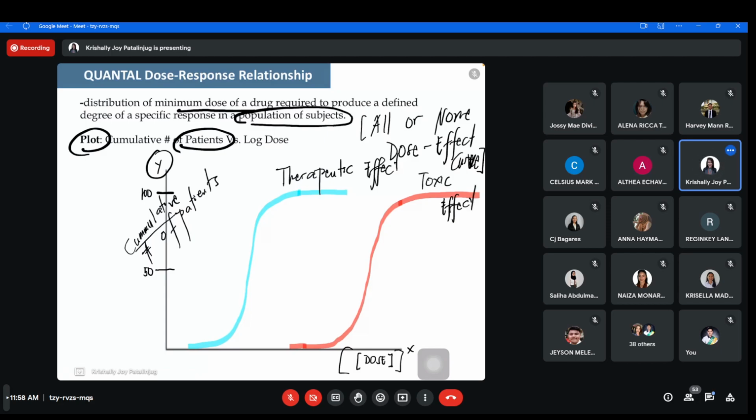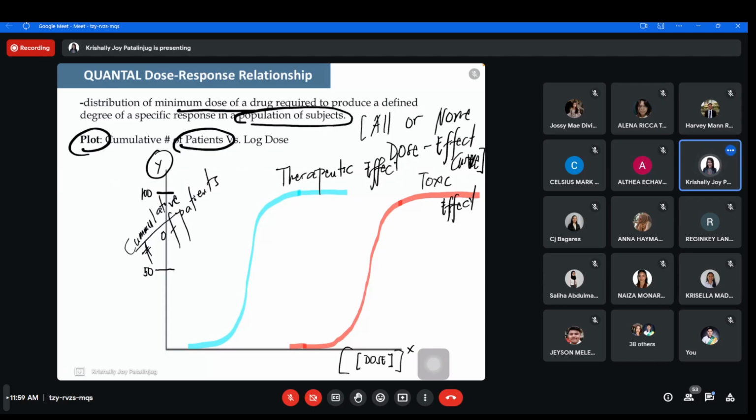Okay? So again, pwedeng a therapeutic effect or, upon increasing the dose, it could bring about adverse effects sa general population. Okay? Now, before we make use of the application of quantal dose response relationship, let's talk about the parameters involved in a quantal dose response relationship.